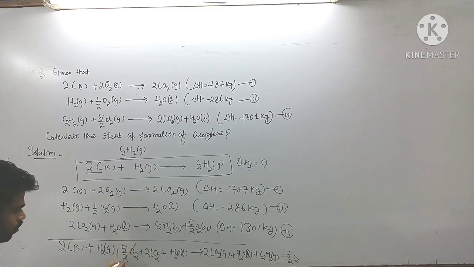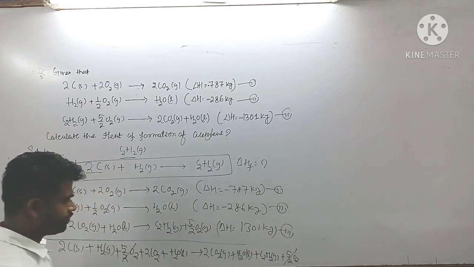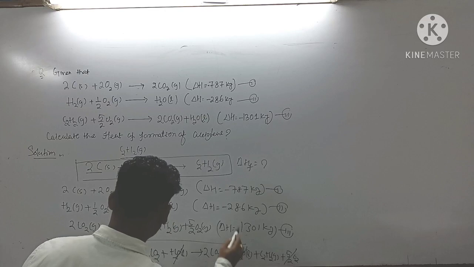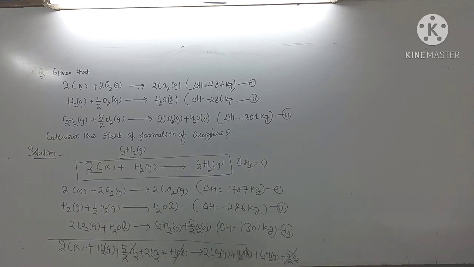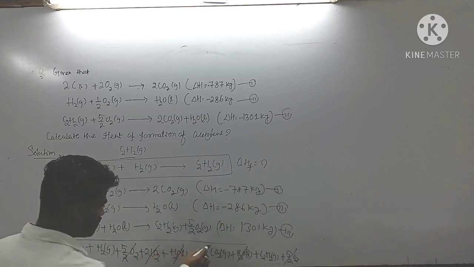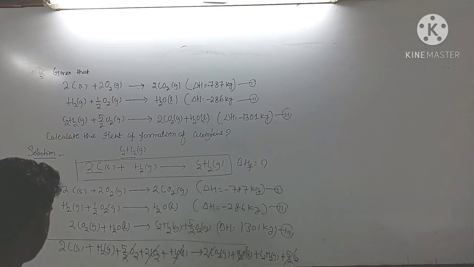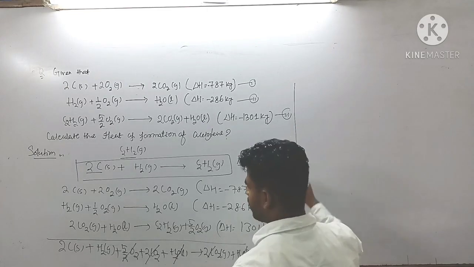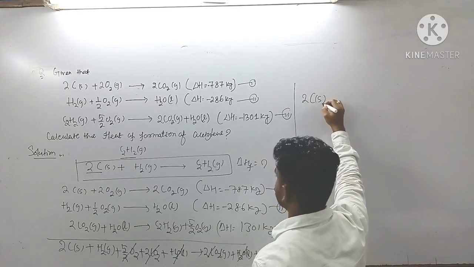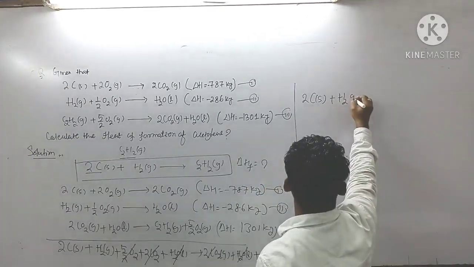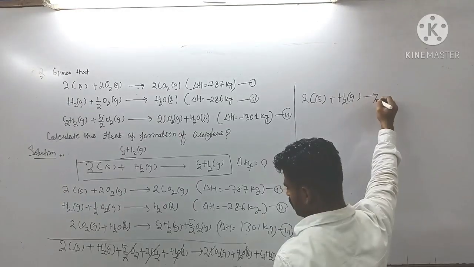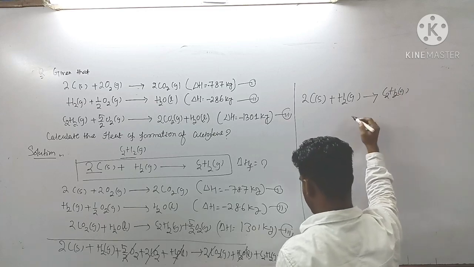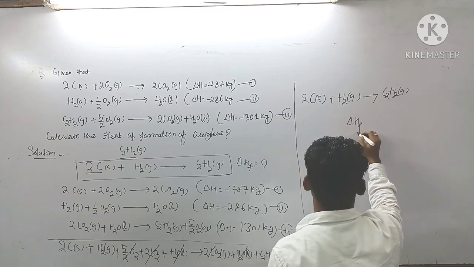So 5/2 O2 and 5/2 O2 get cancelled, and H2O liquid gets cancelled. Now you just see 2CO2 gets cancelled. So I have already got my target equation, that is 2C(s) plus H2 gas giving rise to C2H2 gas, and what will be the del HF?